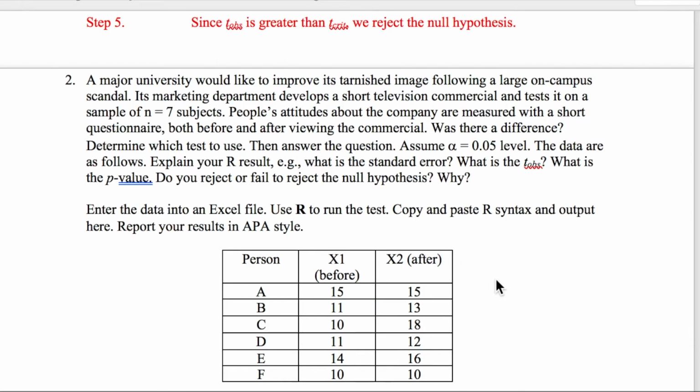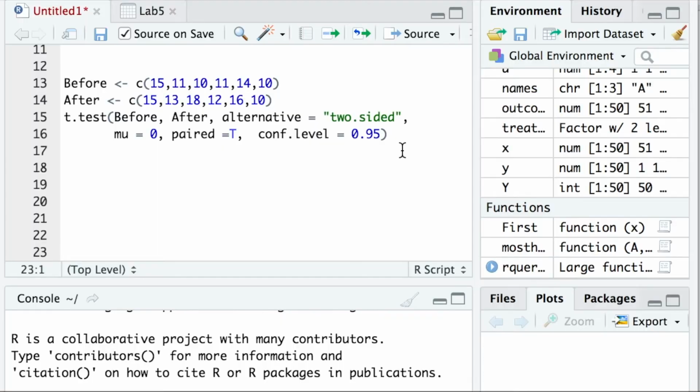Now let's look at question 2. Question 2 tests people's attitude about the company. They want to know if there is a difference before and after reviewing the commercial. And for this question we need to use R to conduct the related t-test. So here is the syntax for question 2. Firstly, we need to build two variables. One is before.